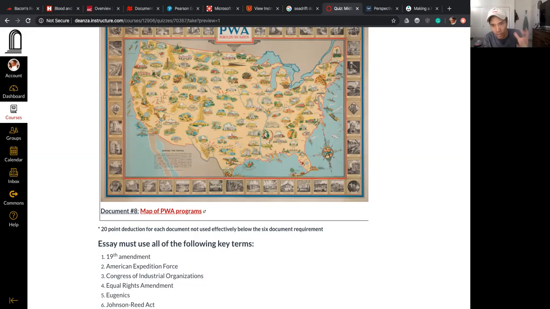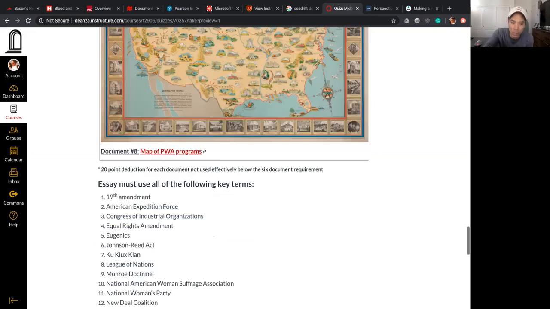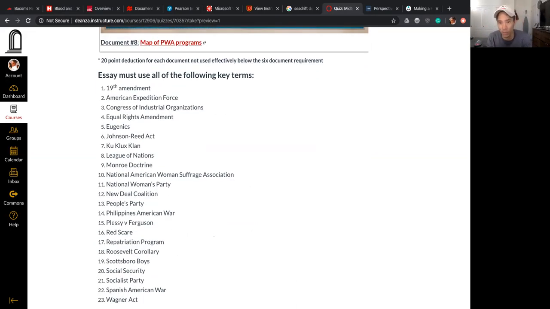I would look at the documents and try to summarize them. But what I would also do is look at the key terms and figure out which key terms could go along with each document to help me tell a history of America in terms of a topic, in terms of a group of people, in terms of a movement. So that is something you might want to think about.